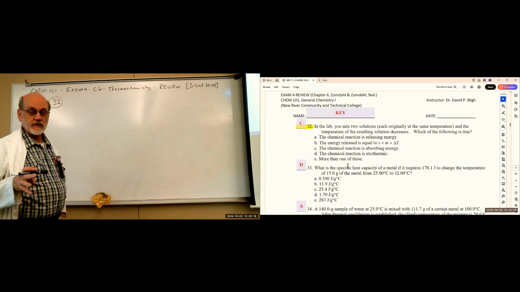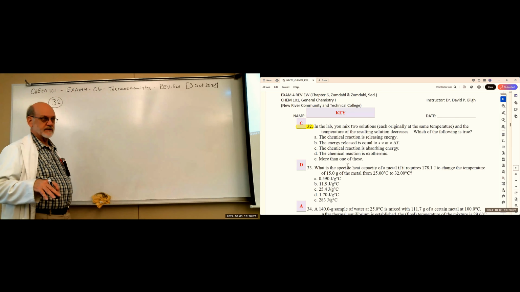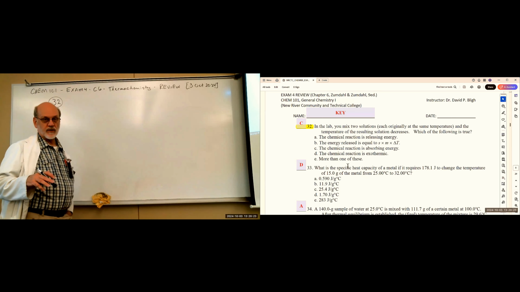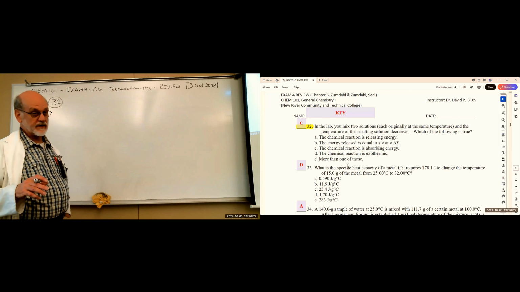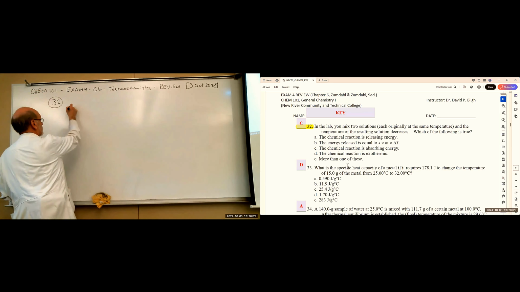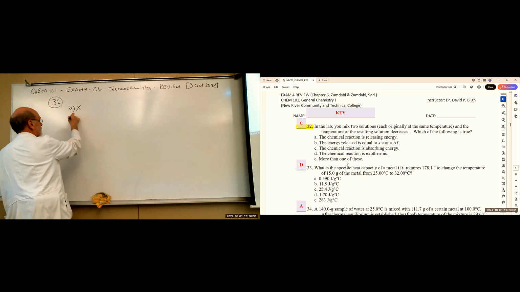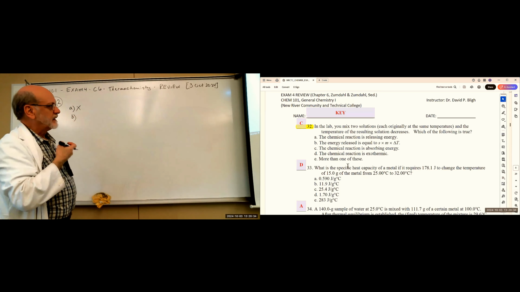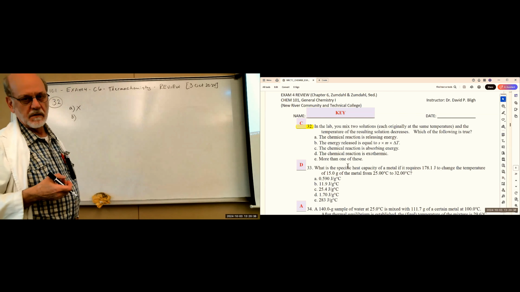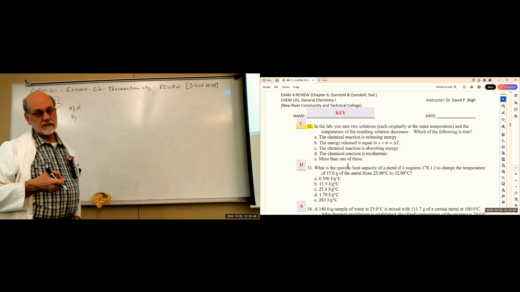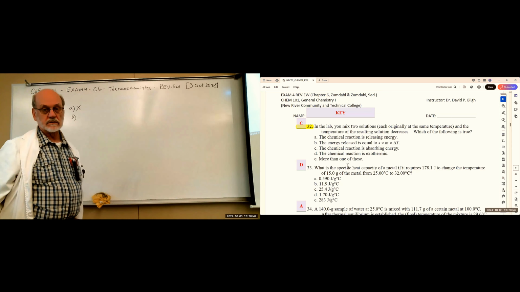If you add the 2 solutions and the temperature decreases, that's an endothermic process. So A is not right. It's not releasing energy. A is false. The energy released is equal to SM delta T? Well, we don't know.